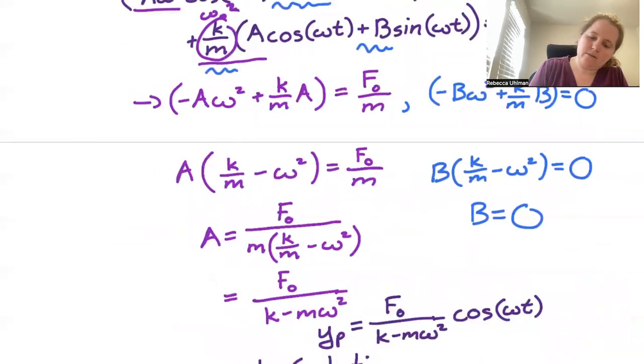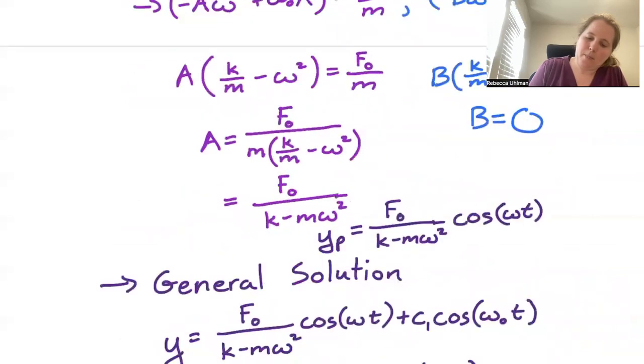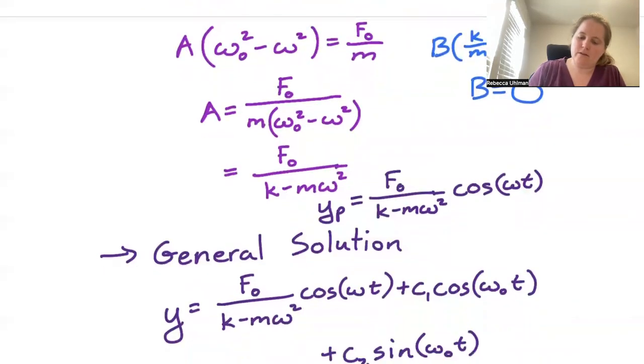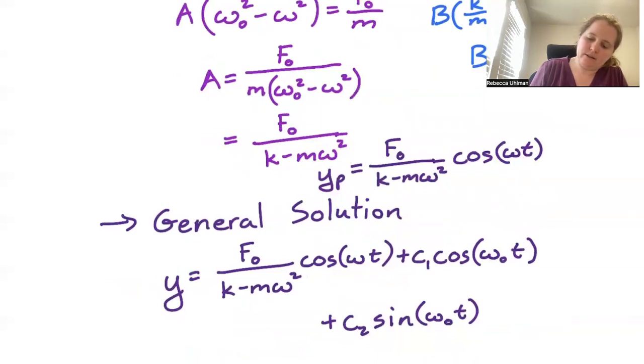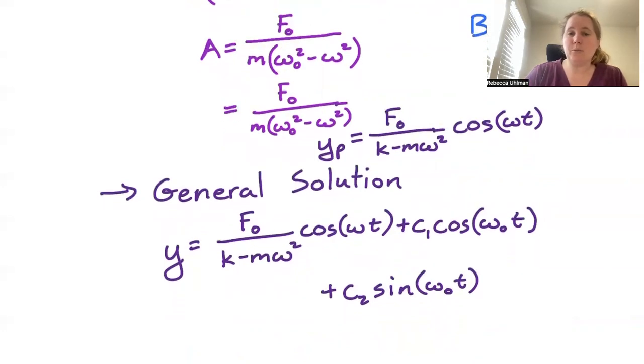Again, this becomes, instead of k over m, we can swap it out with omega naught squared. And so we can just leave this as m times omega naught squared minus omega squared. This may be better since we already rewrote the problem with omega naught.